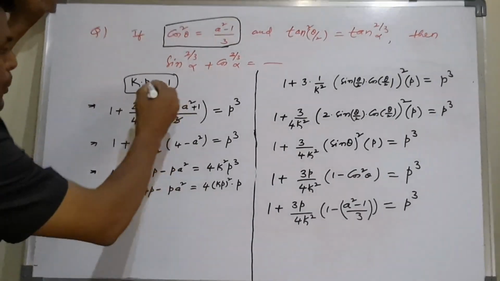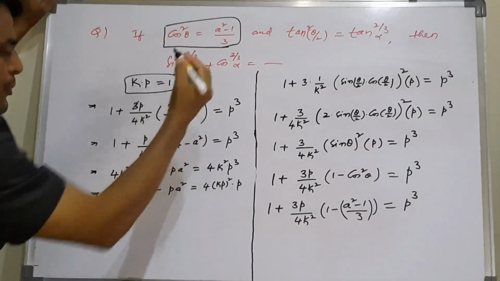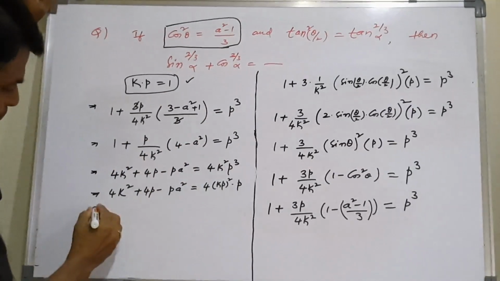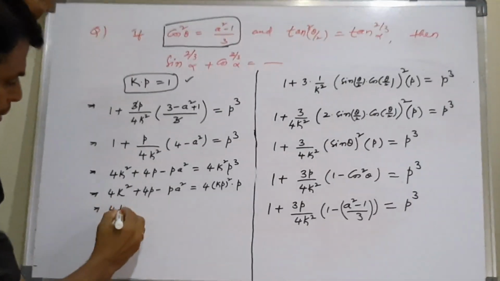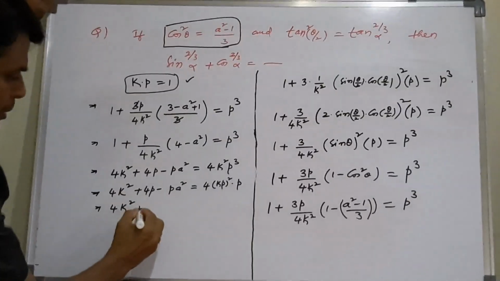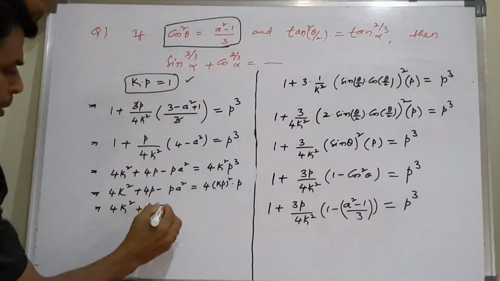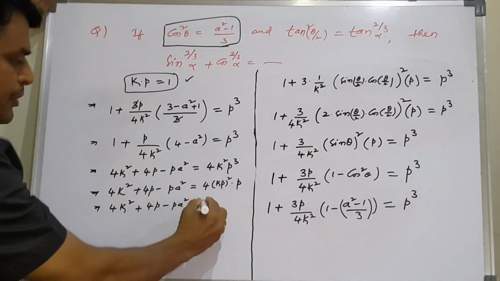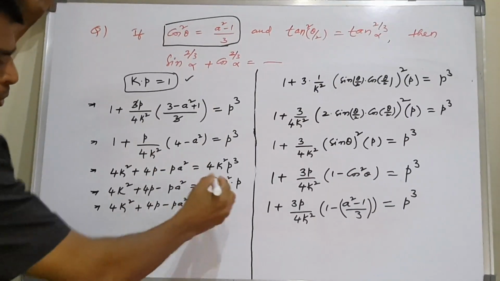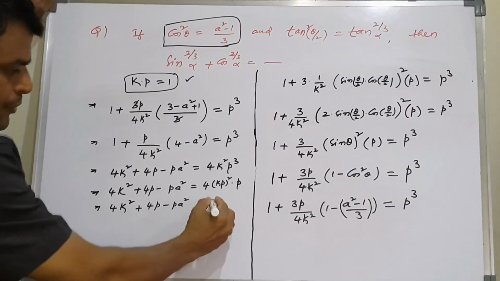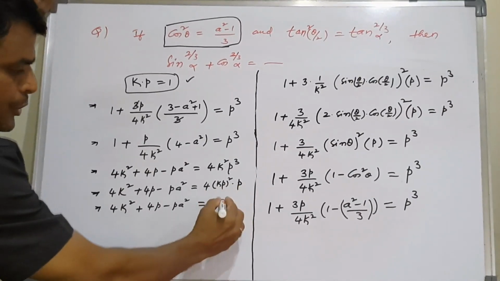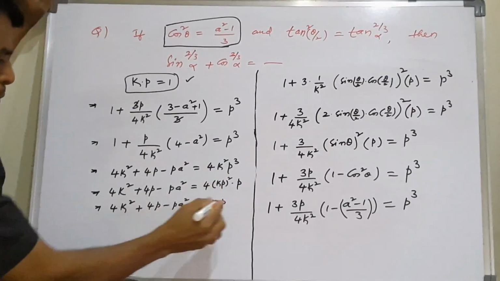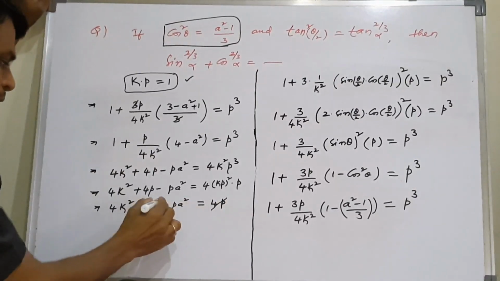But we know that k into p is 1. So replacing here, you will be getting 4k square plus 4p minus p a square is equal to 4 into 1 into p, that is 4p. So 4p we can cancel.